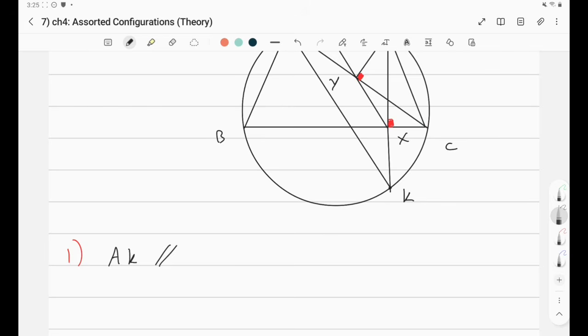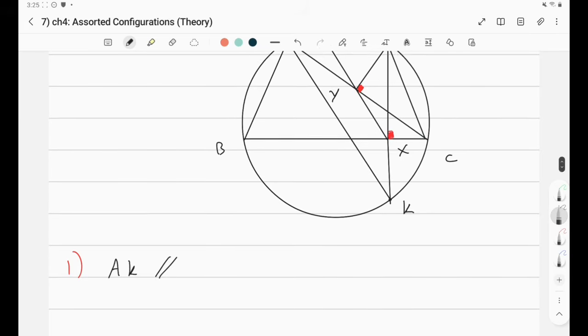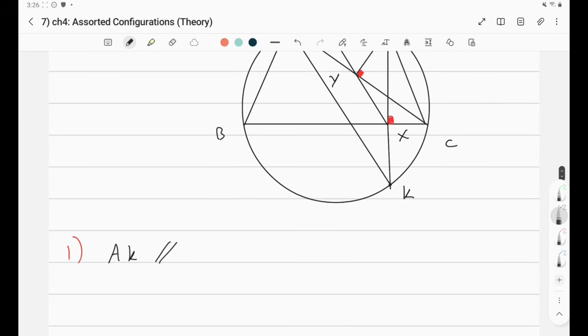Because one very sad thing about these configurations is that not all of them are really famous, in the sense that you can just reference them. It's always safer to write the proofs for them when you are doing any question in any contest. So that's exactly what you want to do. We want to have a sketch of the proof so that you immediately remember the key points, and it's very easy for you to find the proof.